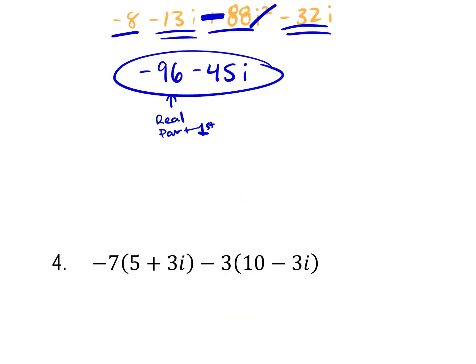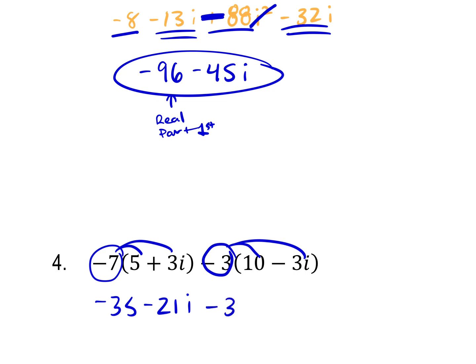Let's look at 4. What should we do first for number 4? Distribute. I'm going to distribute the negative 7, and I'm also going to distribute the negative 3. So we have negative 35 minus 21i minus 30 plus 9i.